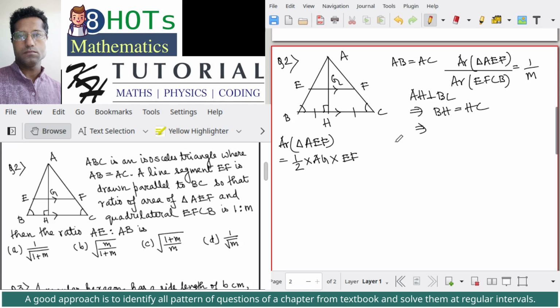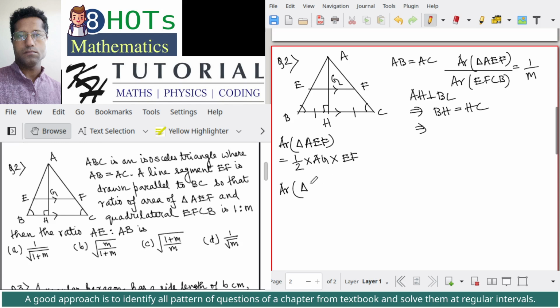And what is the area of EFCB? We can think of the area of EFCB as the difference of the area of triangle ABC and the area of triangle AEF.